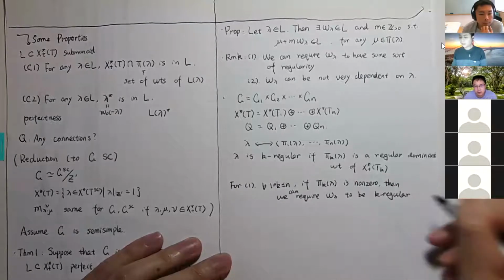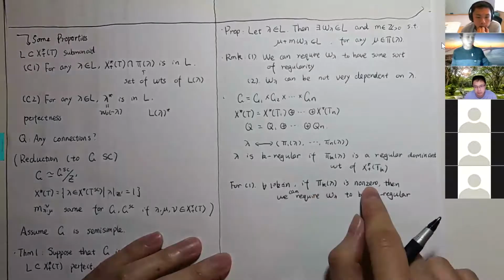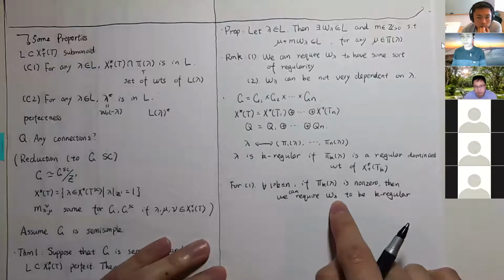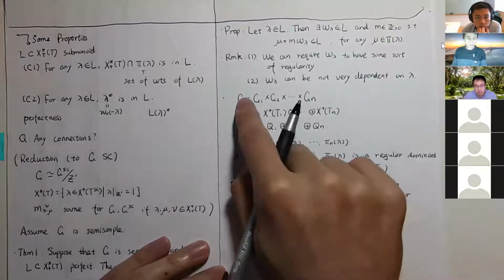In particular, if this is non-zero for all k between 1 and n, then we can just require ω_λ to be a regular dominant weight of G.